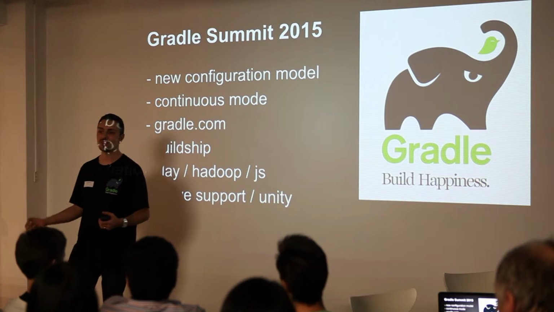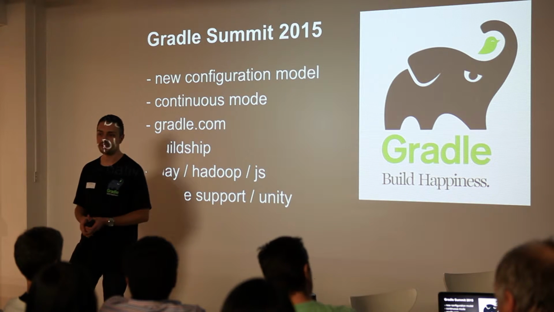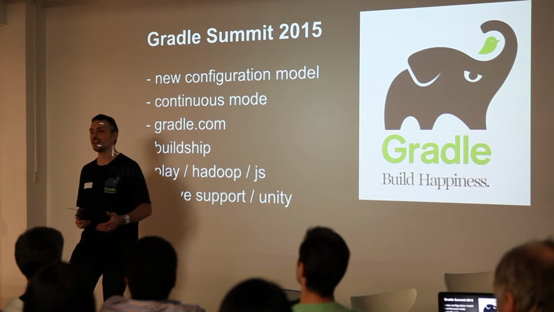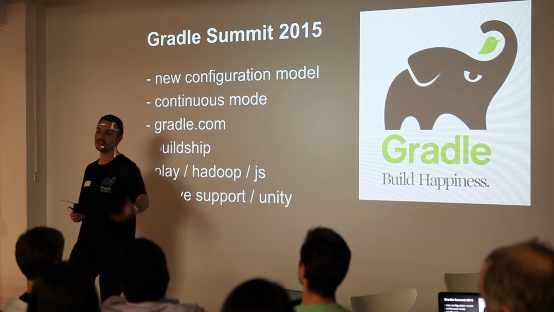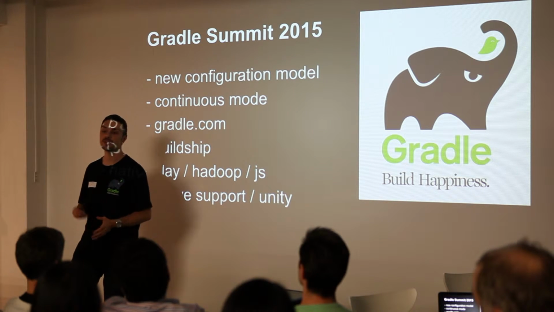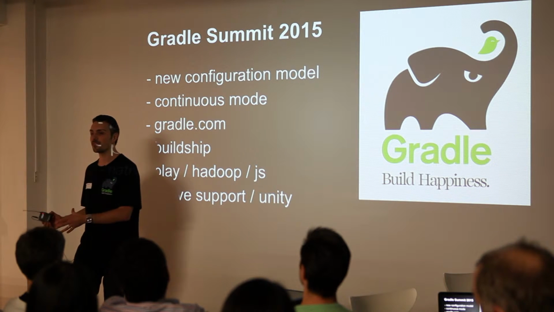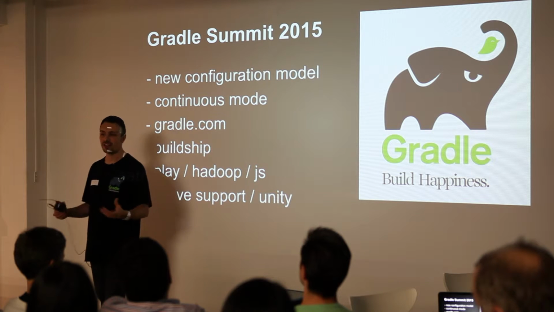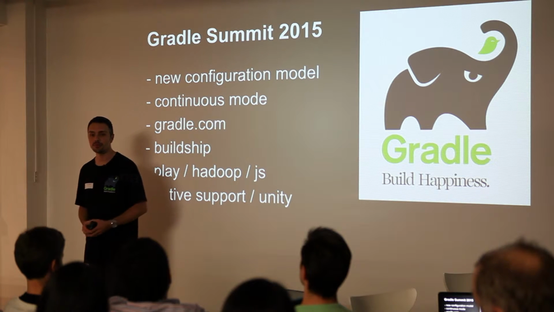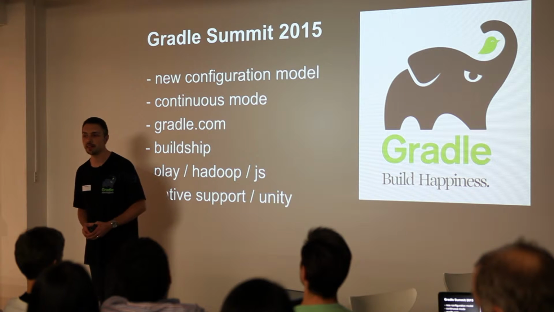We aim to get it as close to 0 seconds as possible. So basically, what will happen over time is that we would like people to start trying out the new configuration model and start using that, because it gives Gradle all the answers up front, so that we can then analyze and do some really cool performance optimizations around that stuff.